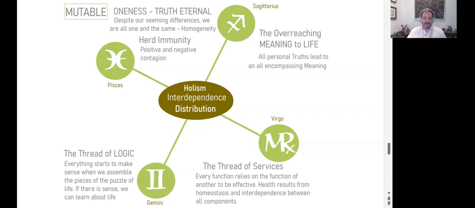So Sagittarius is about trying to unpack, reveal, and learn about the larger meanings of life. The personal truth must be tied to an all-encompassing meaning. And that is why they're very connected to nature, to the vastness of open spaces, because there is that global understanding that nature operates in an interdependent way as well.